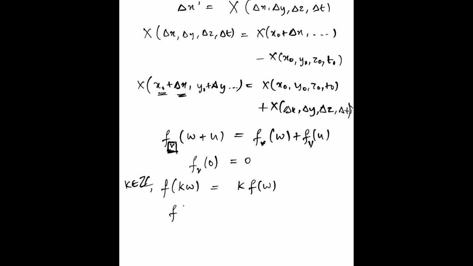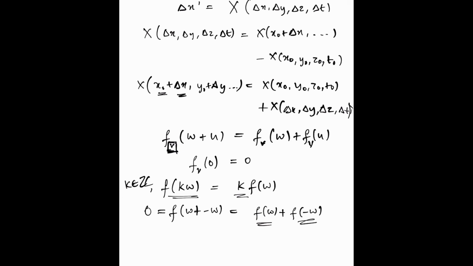And also you have that f of w plus minus w equals f of w plus f of minus w. But this is f of 0 on the left side, so this is equal to 0. So f of minus w is minus f of w. So we have these cool conditions right now that for an integer times a vector, if you apply the function, the integer just comes out in the multiplication.